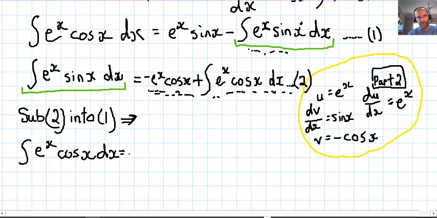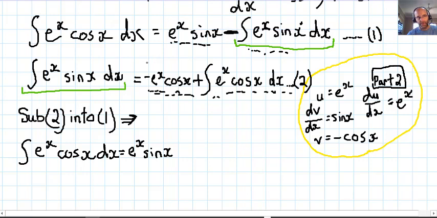So writing result 1 with the substitution made, we've got to write this bit in first. So it's e to the x sine x. Be careful of your minuses now. So either use square brackets or just think it through carefully. We're subtracting now, so we're up to this subtraction here.